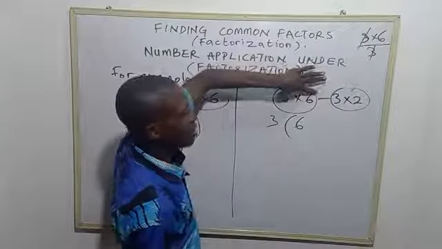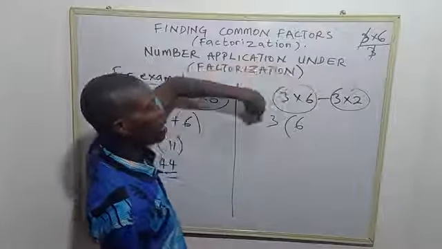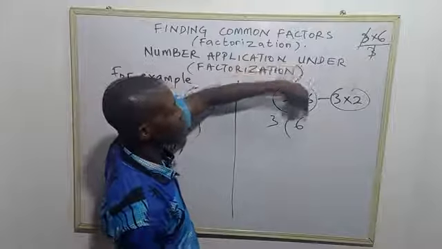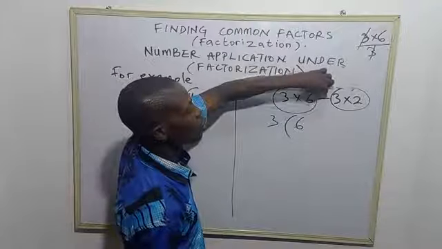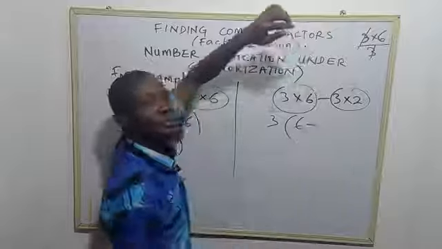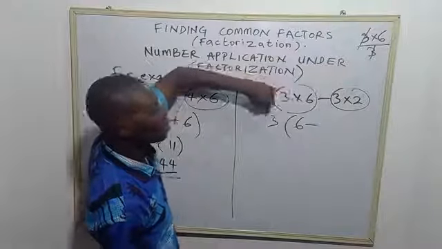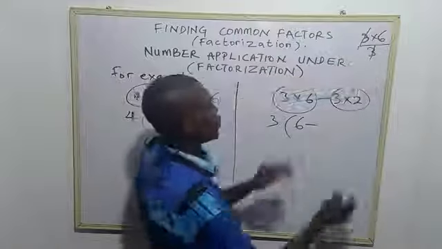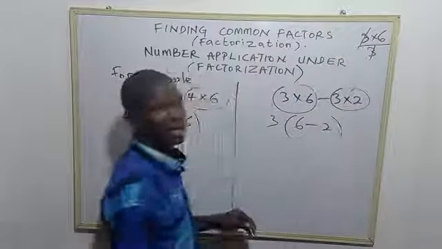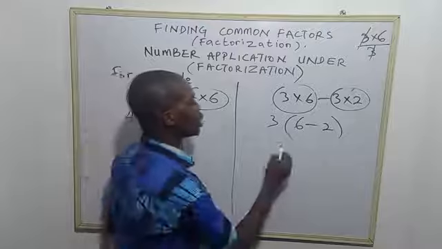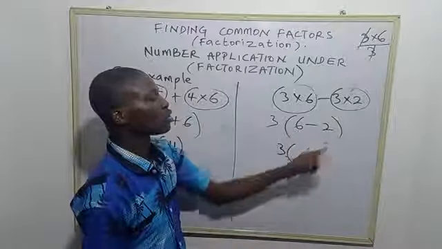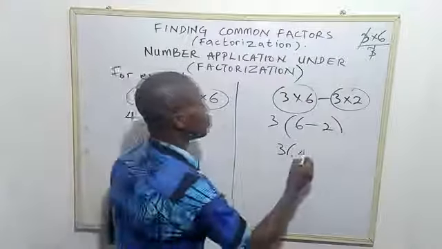The 3 that is common is out. The 6 that is left is in the bracket. So the minus, write it. Then this 3 is common, it is out. What do you have left? 2. Write it. Close the bracket. Now, 6 minus 2 is what? 4. Good.